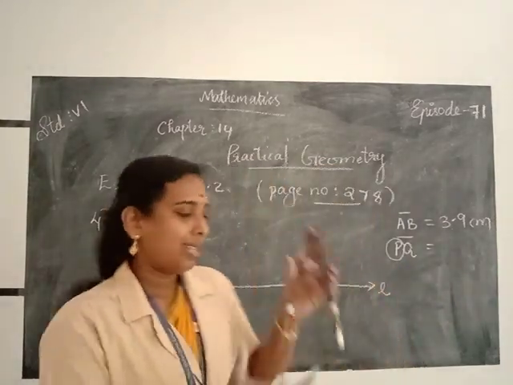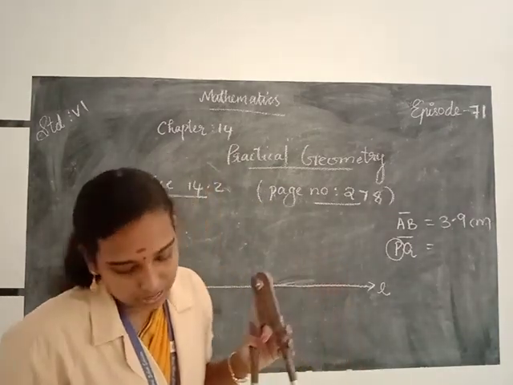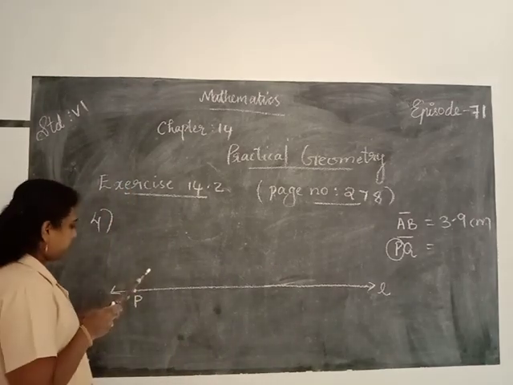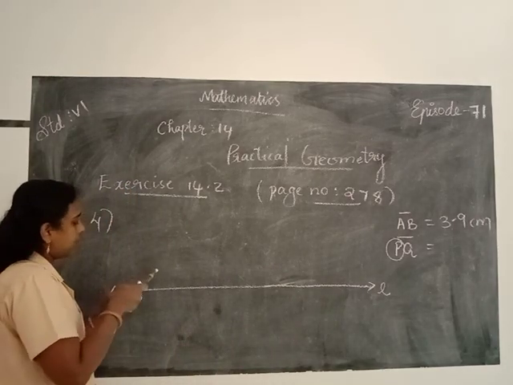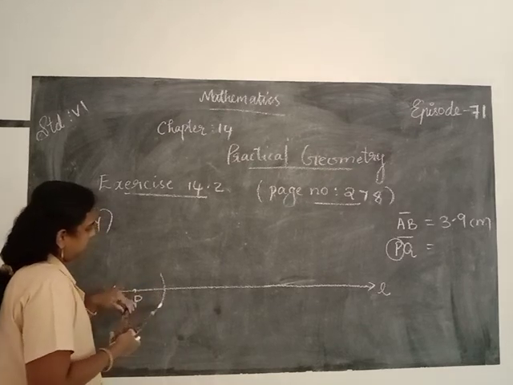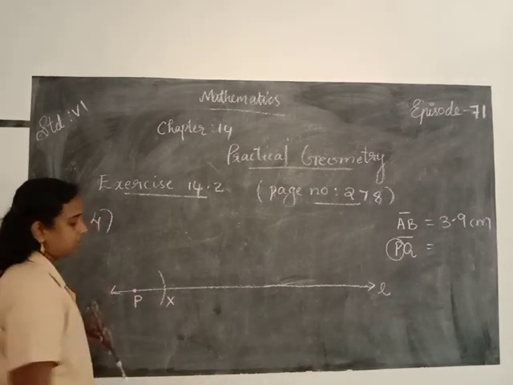And if this line represents 3.9 centimeter, then you just place the pointer at point P here, then make a swing, then mark the point as X.